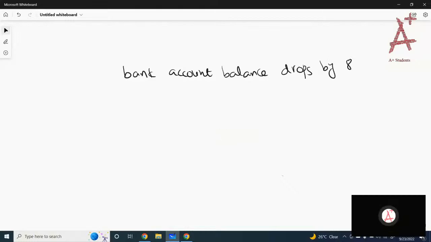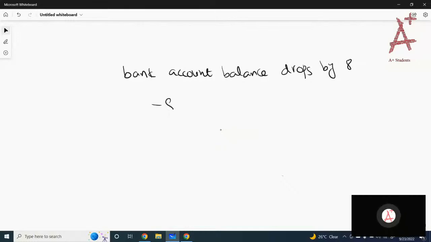Okay, select the correct option and click on the OK button. The next one is which integer represents this scenario? Bank account balance drops by $8. So it's a drop. Drop means it's a decrease.